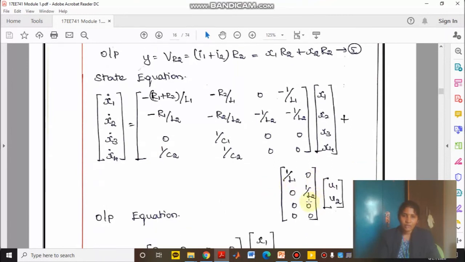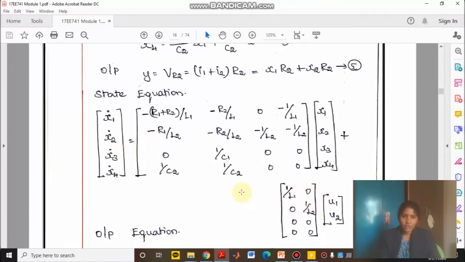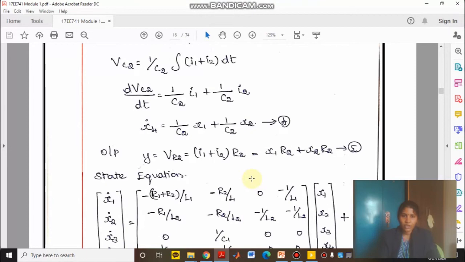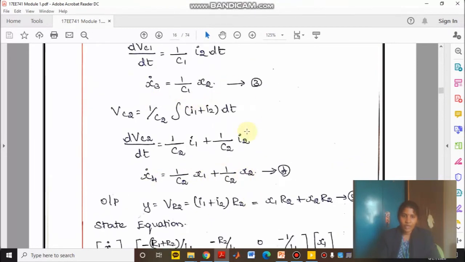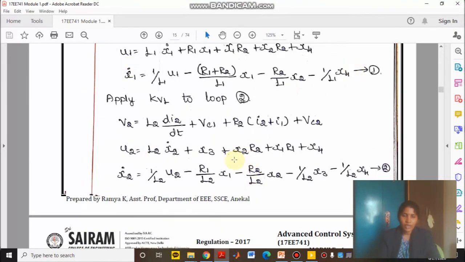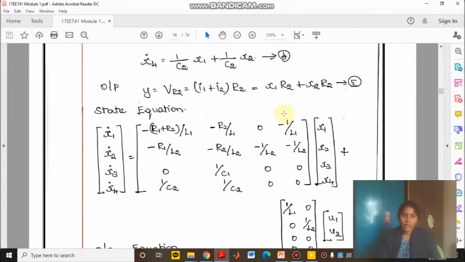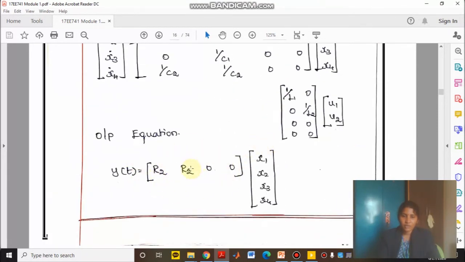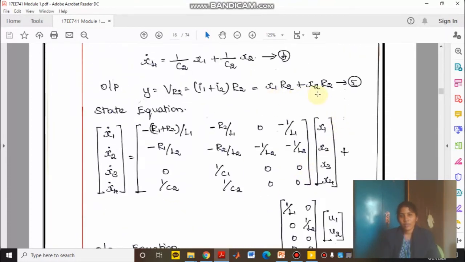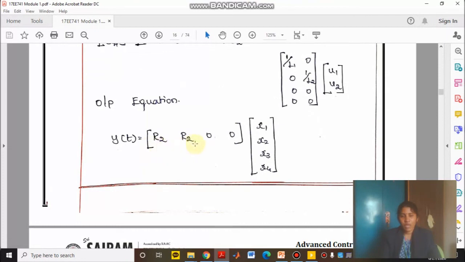Same way here, this matrix has to be written from the equations framed for x4 dot, x3 dot, x2 dot and x1 dot. And the output equation: we have only one output, so the C matrix will be 1 cross 4. You have only the x1 term and x2 term, and the coefficients are R2 and R2.